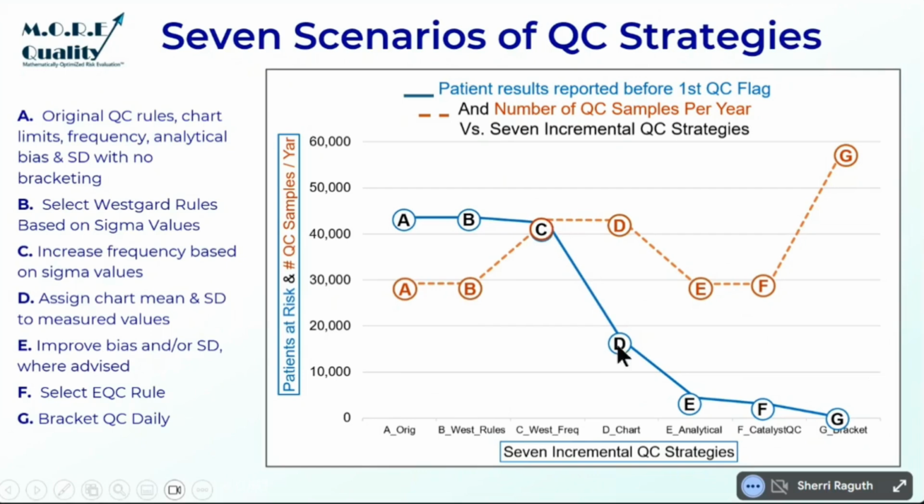If you follow our processes and put the right mean and the right SD on the QC chart, you'll cut your number of errors in half. If you follow our software to improve your analytical process where necessary, you will cut your errors in half again.